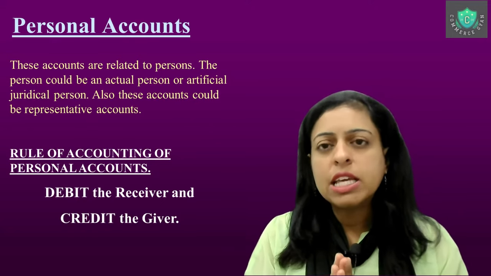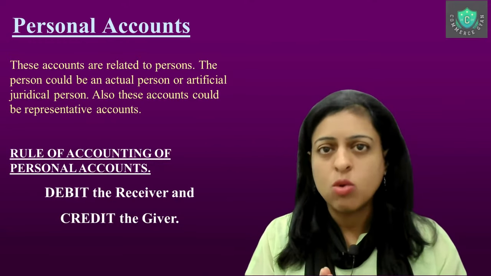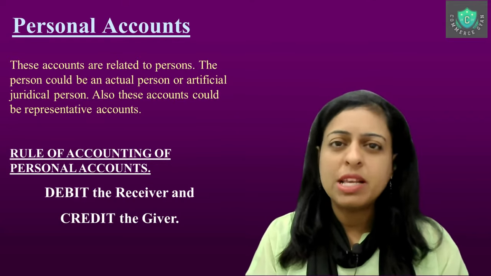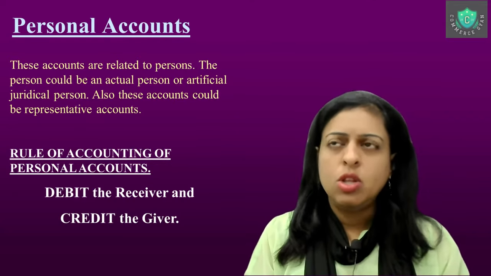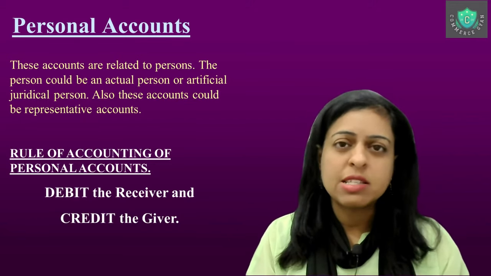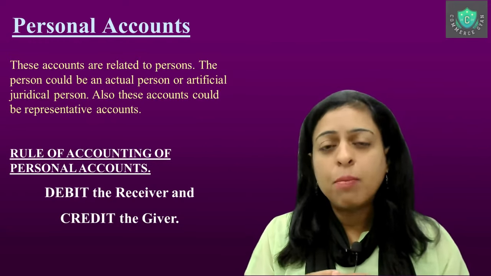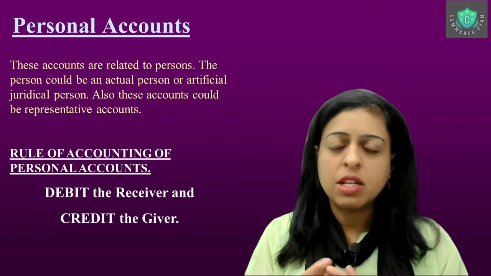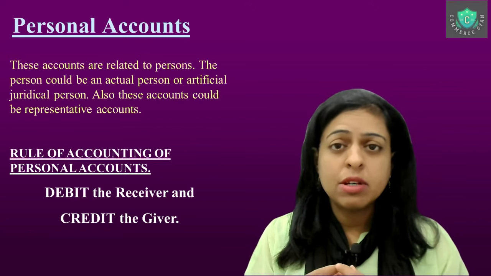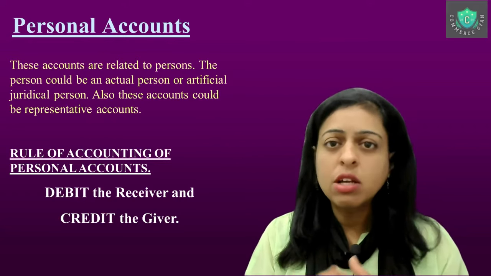Now, the third thing in this part is that these accounts could also be representative accounts. What is a representative account? I'll give you a simple example, like a capital account. If you remember in the first video we discussed, capital is something where you have the amount invested in the business. Suppose I am starting a business and I invest some money into the business, but my money is treated as capital in the books of accounts of the business.